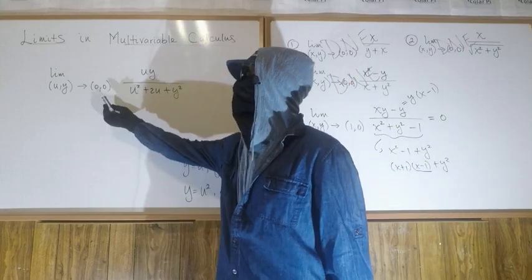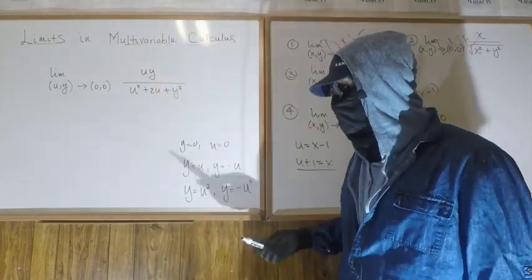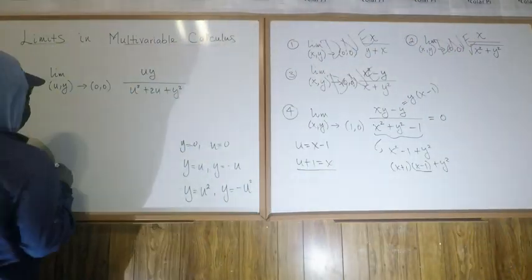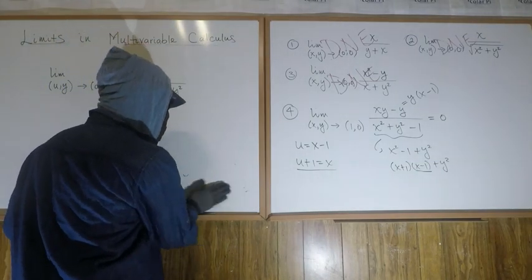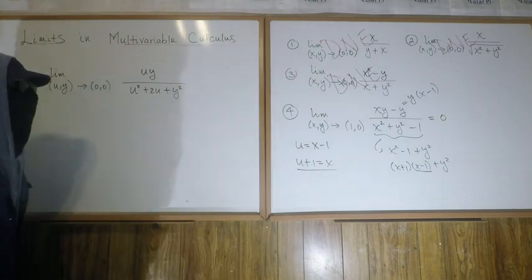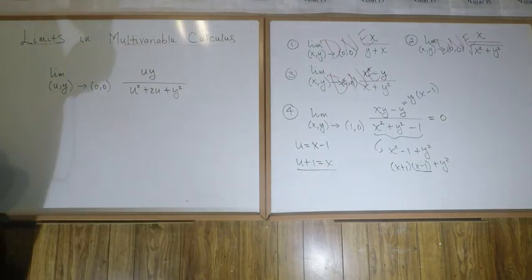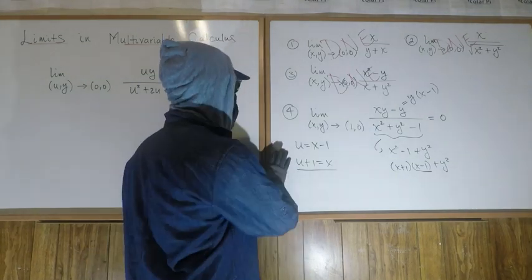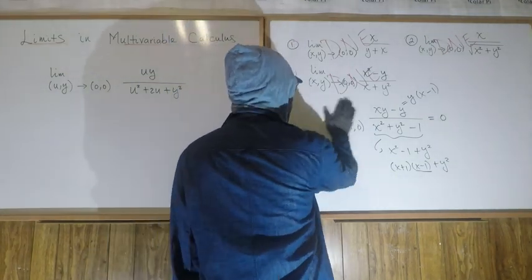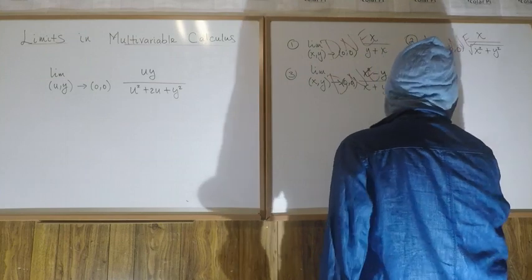Since now we have made sure that we're going to 0, 0, you can use these guys. But you're going to keep getting 0 as the value, and we said we need to show that it is in fact equal to 0 in a stronger case.